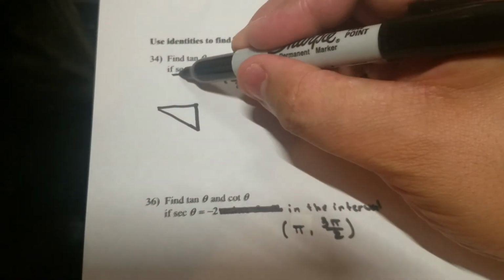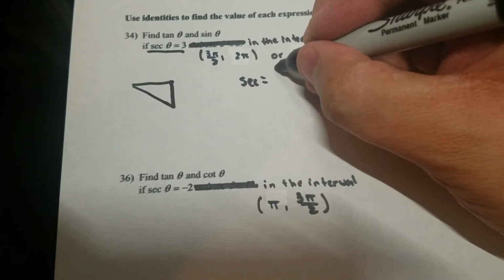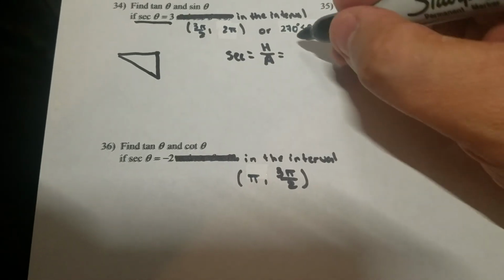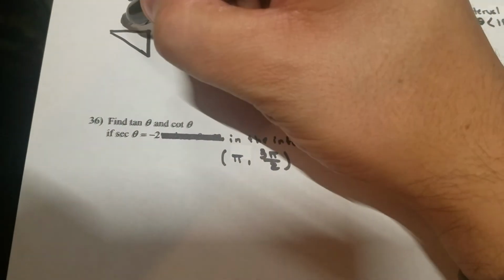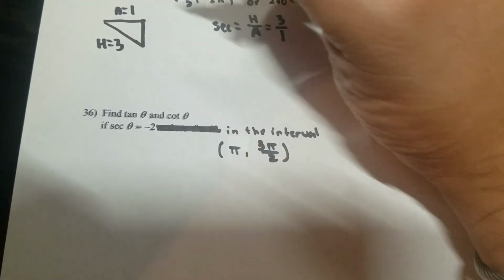Now, they gave me some info here. Secant equals 3. So I know that secant is equal to h over a, which they told me is 3, so I can make this 3 divided by 1. So my a here is going to be 1. My h is equal to 3.